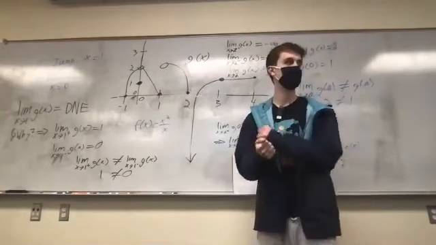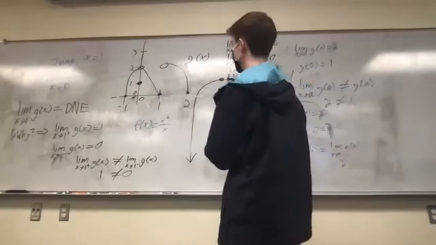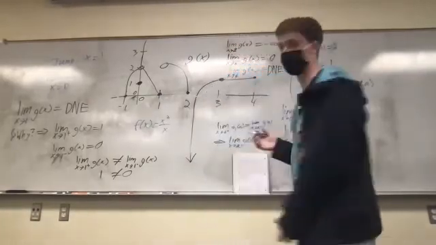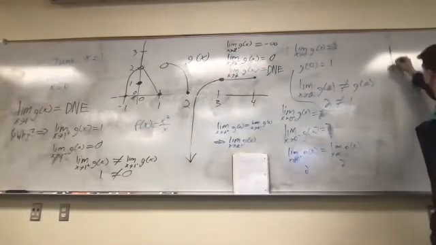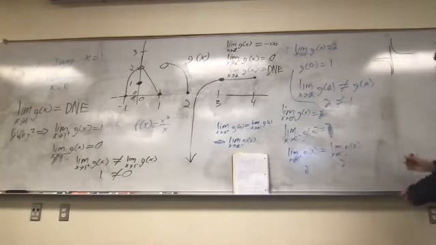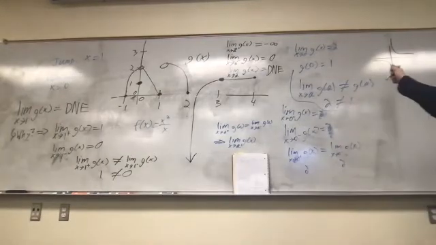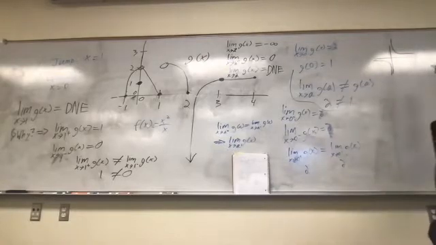But if you look up the graph for just 1 over x, I have room over here. Correct me if I'm wrong, but I'm pretty sure the graph of 1 over x looks something like that. So it kind of goes like this.